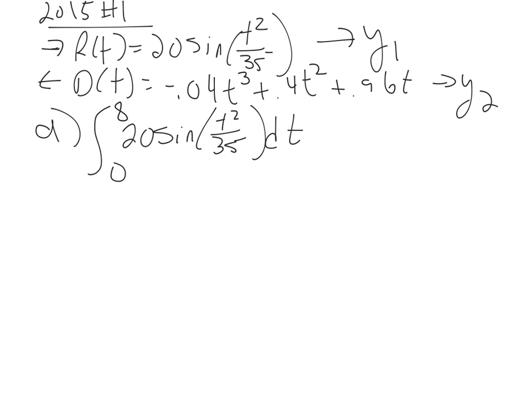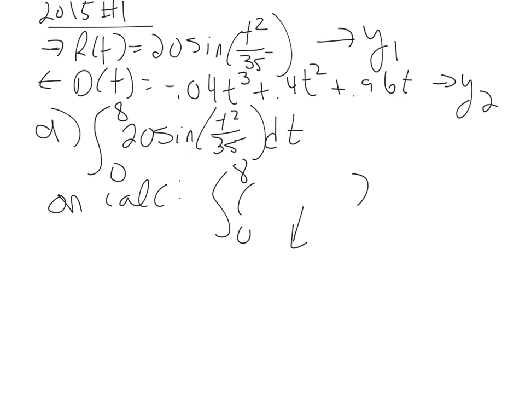Now, what you have hopefully done, you've put that into y1. So instead of having to enter this in every time you do something, on your calculator you get the integral, and then in here you're going to access y1.